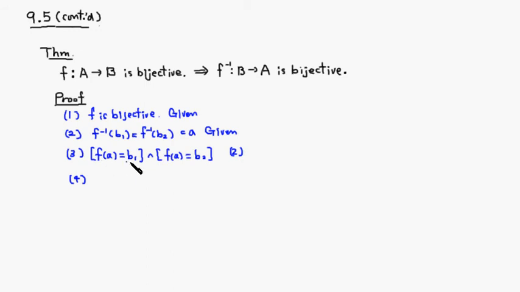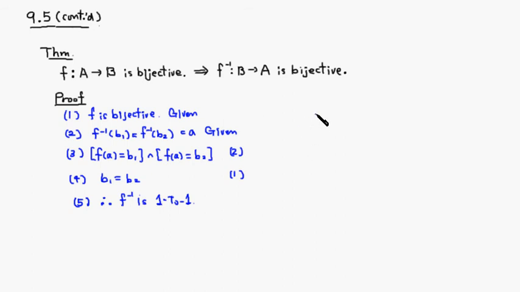Since f is a function, f of a is a single value, so f of a is b1 and b2 at the same time, which means that b1 and b2 must be the same. So this tells you that b1 is equal to b2. This comes from the fact that f is a function, and f is bijective, which includes that f is a function. So therefore, this will establish that f inverse is indeed 1 to 1.